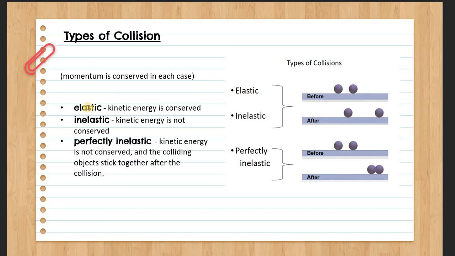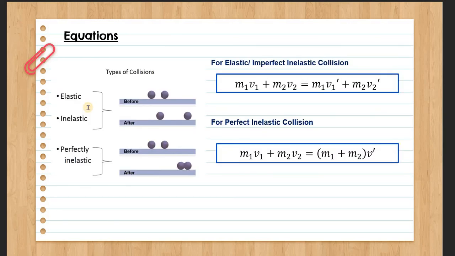Why do you need to know that? Because we have these equations. Okay? So, kailangan ma-identify mo yung type of collision so that you can select which is the best equation to be used. So, again, if they move separately after the collision, it is either elastic or inelastic collision. Anyway, parehas lang naman yung equation.